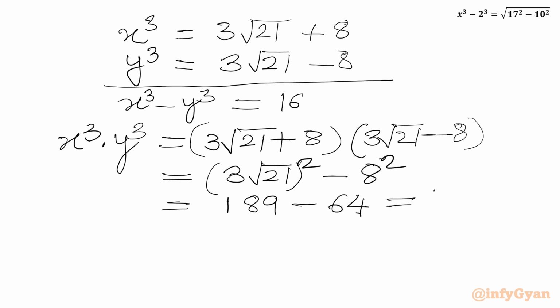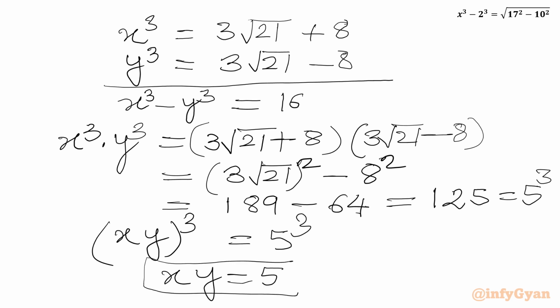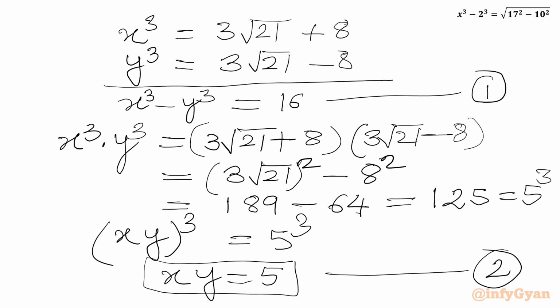This difference will be 125, which we can write equal to 5 cube also. So LHS is xy whole cube, RHS is 5 whole cube. Once we take cube root for real xy value, we will get xy equal to 5. Now this equation I will call equation number 1. Here I will say equation number 2.